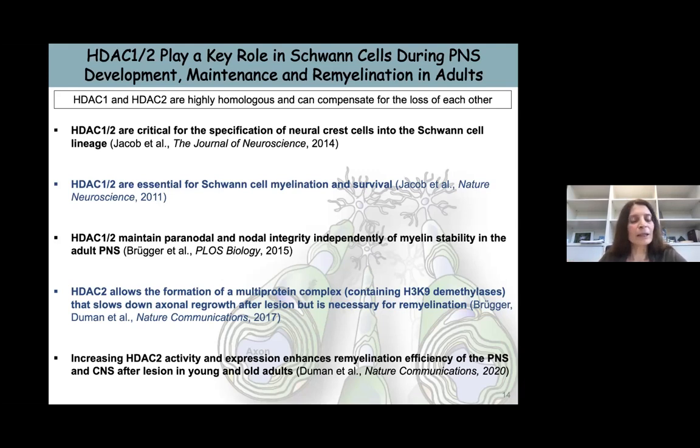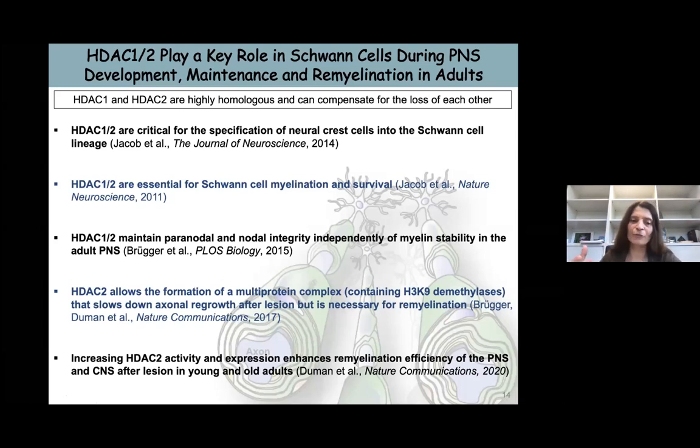In a very interesting study, we found that the system is not perfect. In case of a lesion in the peripheral nervous system, HDAC2 induces the formation of a multi-protein complex that includes other chromatin remodeling enzymes, H3K9 demethylases. This protein complex also includes SOX10, the transcription factor that, as you all know, is essential for the life of a Schwann cell, for its differentiation process and for myelination.